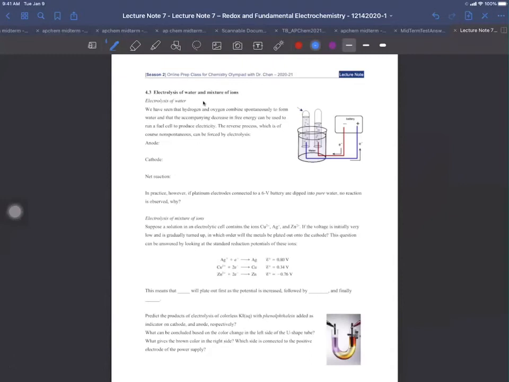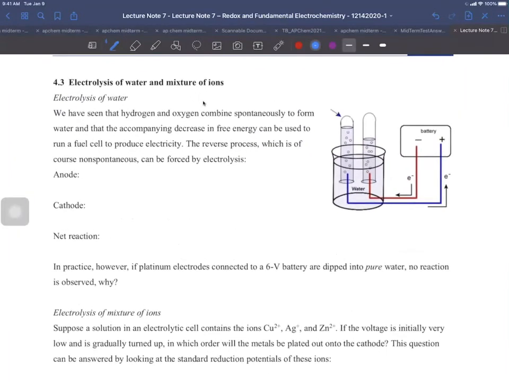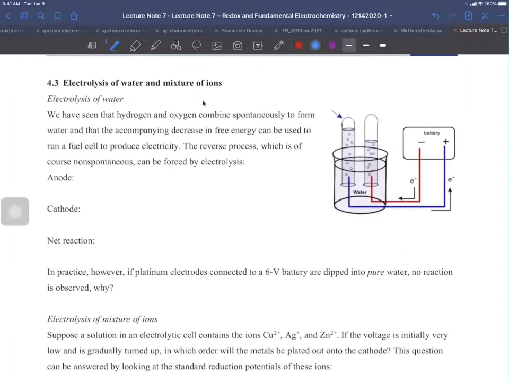The next part is about some examples of electrolysis. What will be produced on the cathode, what will be produced on the anode. So first, let's have a look at the electrolysis of water. This is a very well-known experiment. We can use this experiment to confirm the formula of water.